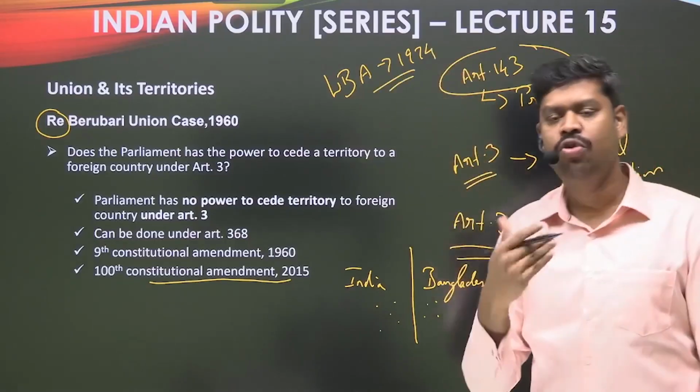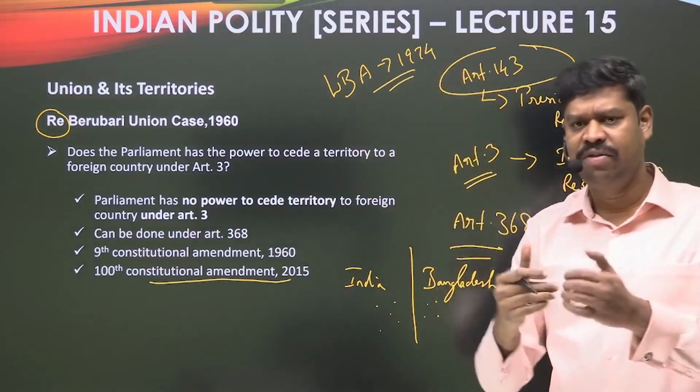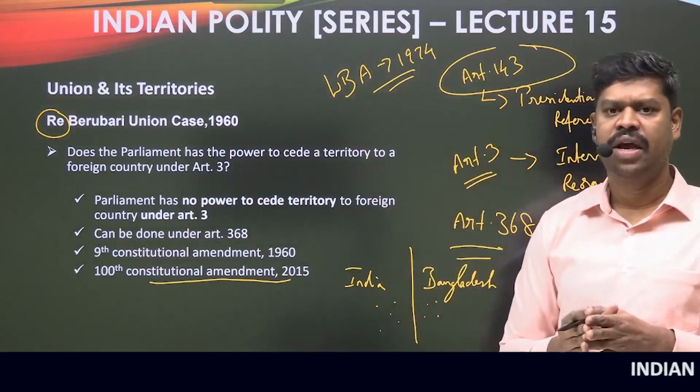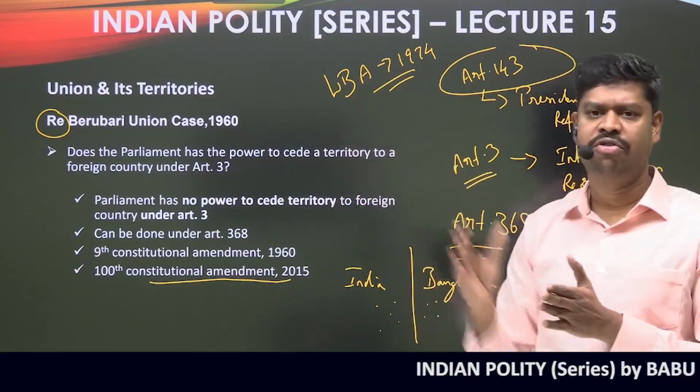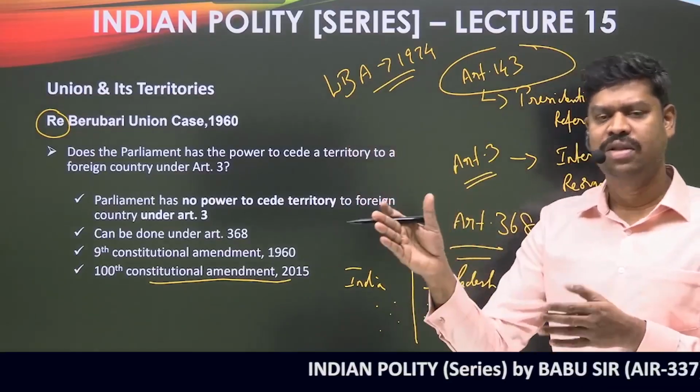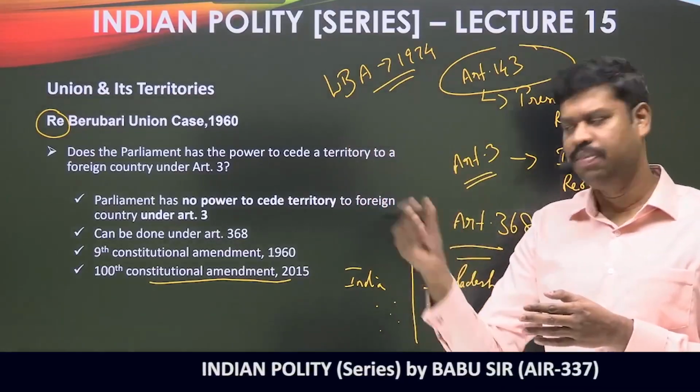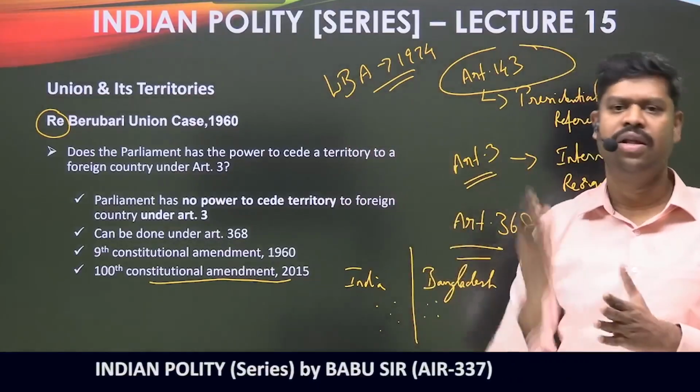To give effect to this agreement, we will exchange these enclaves. The idea is that whatever is the Indian enclave in Bangladesh, we will give it to Bangladesh, and whatever the Bangladesh enclaves in India, Bangladesh will give it to India.